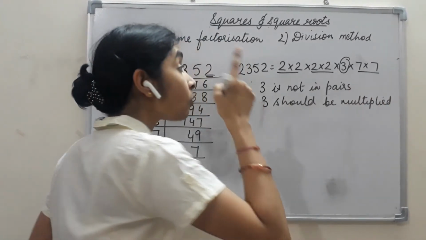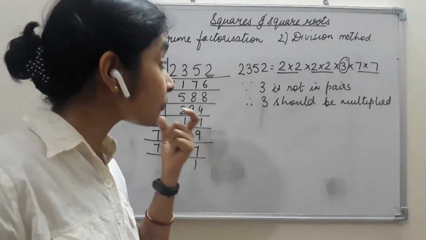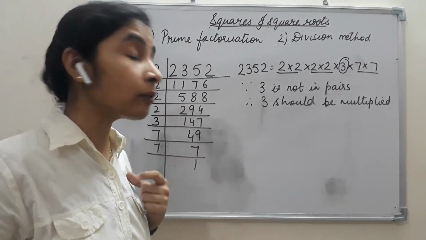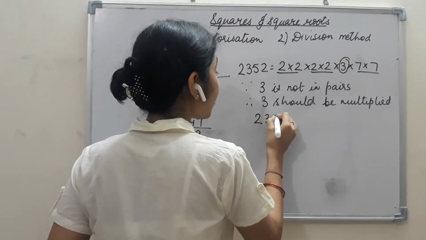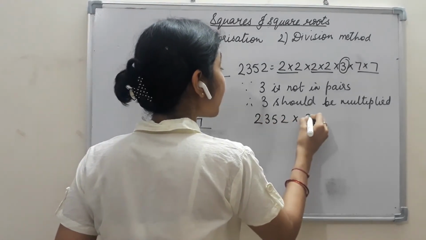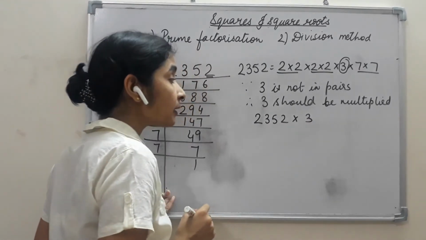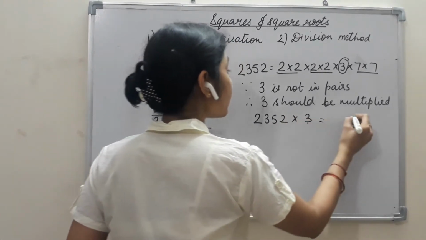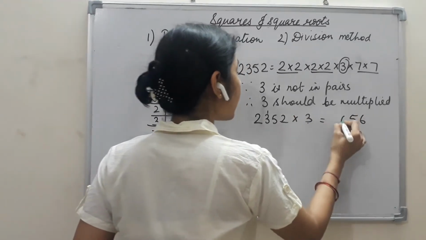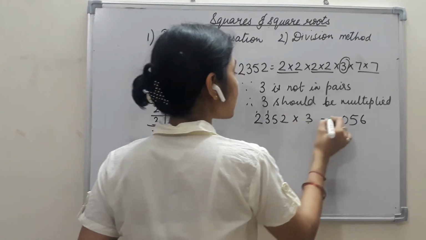Now we are also supposed to find that perfect square number as well as its square root. So what will be the perfect square number? 2352 multiplied by 3, and that gives us 3 2s are 6, 3 5s are 15, 3 3s are 9, plus 1 we get 10, 3 2s are 6, 7.